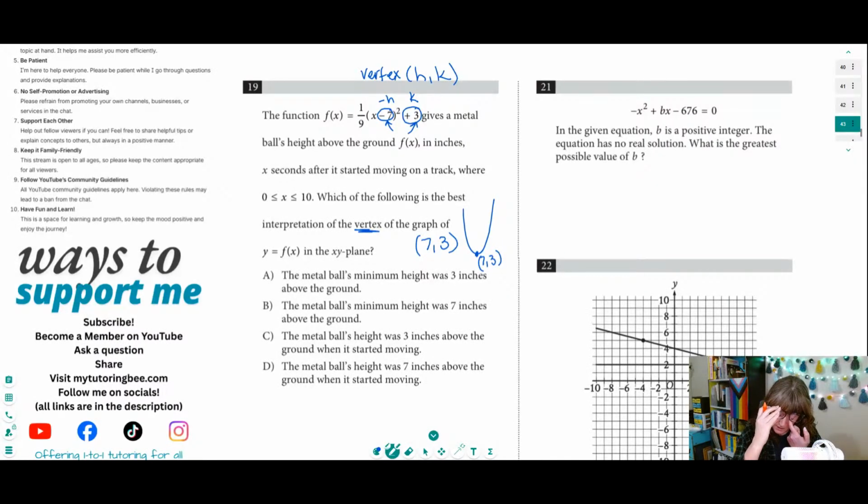So let's take a look at our answer choices. The metal ball's minimum height was 3 inches above the ground X seconds after it started moving on a track.